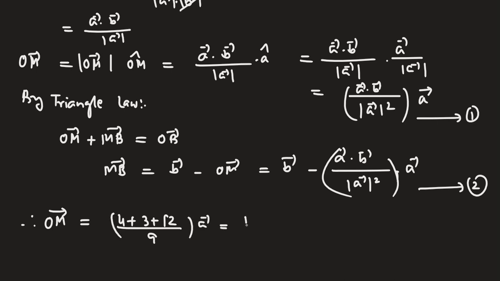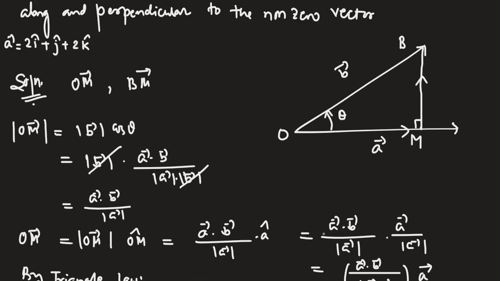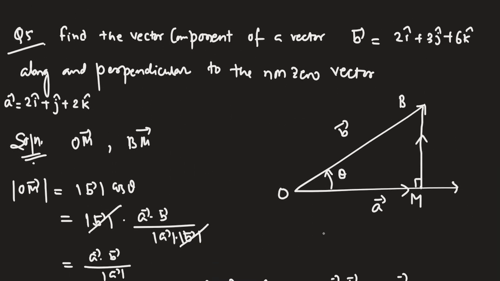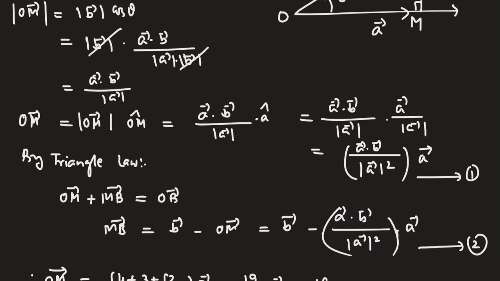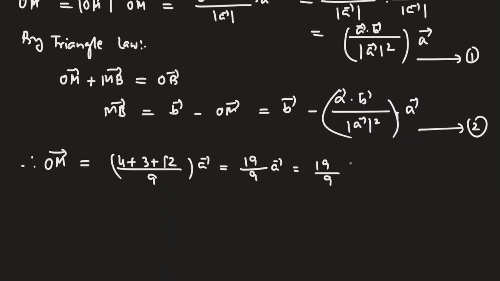So it is simply 19 by 9 A vector. A vector value is 2i plus j plus 2k.